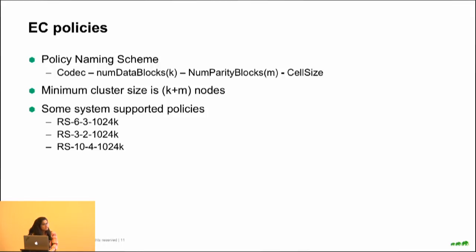Another thing to note here is that 2 blocks belonging to the same block group cannot reside on the same data node. And for that reason, for a scheme with K data blocks and M parity blocks, we would need K plus M data nodes at the minimum.